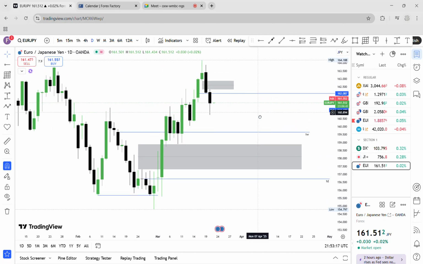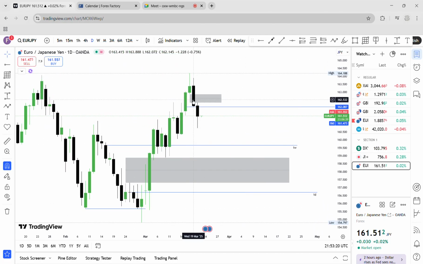And where can we get entry from? This is when we have this inefficiency from the daily.